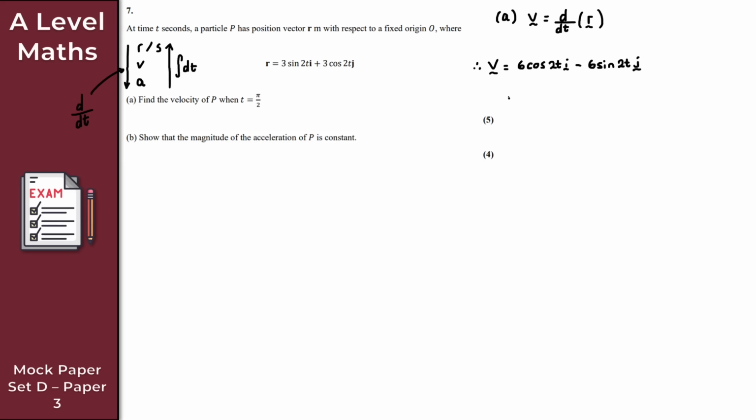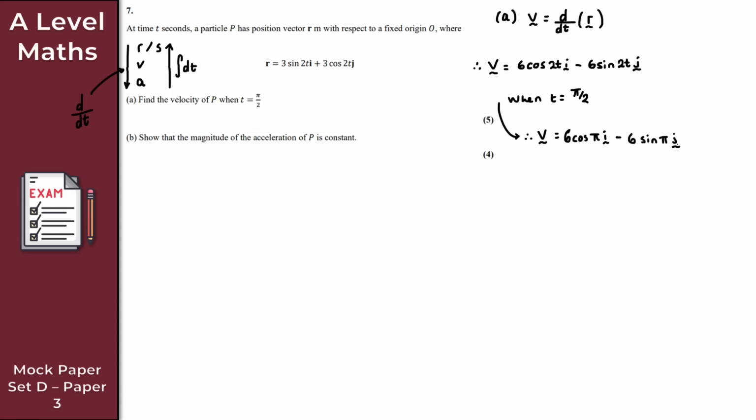So when t is equal to pi over 2, the velocity vector here is going to be 6 cos pi i, like so, minus 6 sine pi j, like so, okay?